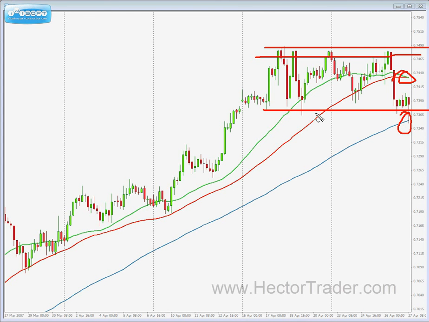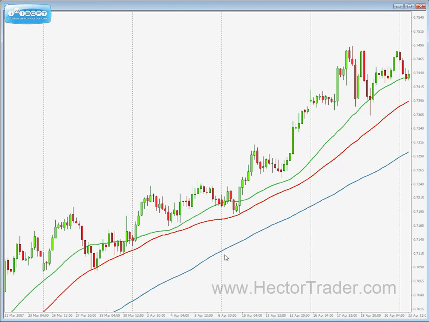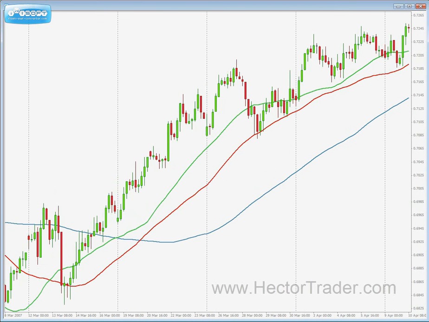In fact, we are now ranging. We are trending no longer, guys. We had been trending up to this point. Let me clean up the chart a little bit. We had been trending from up there all the way from here.